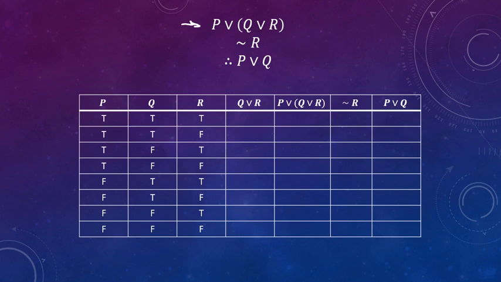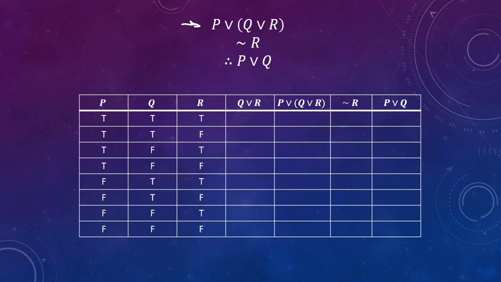And then step number three, we are going to look at the values of the conclusion in those critical rows. And what we want to see in order to have a valid argument is that whenever all hypotheses are true, then your conclusion has to be true as well.